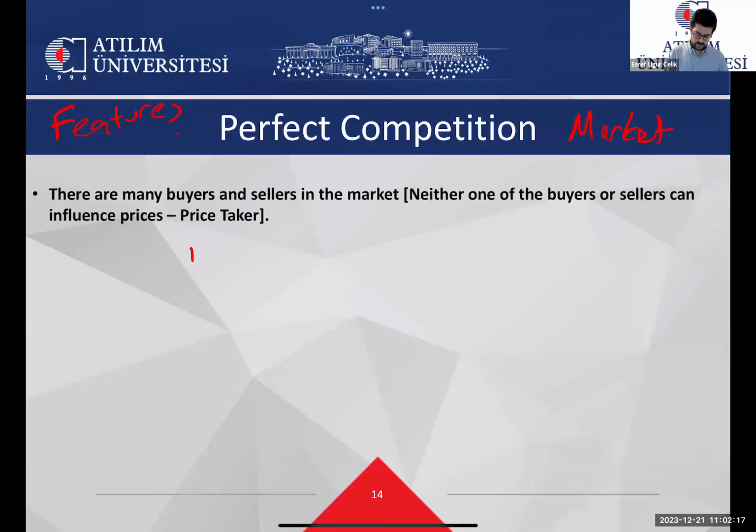Features of perfect competition market. The first feature is there are many buyers and sellers in the market. So market determine the price. Firms cannot influence the price. The firms have to get the price of market. So firms called price taker.